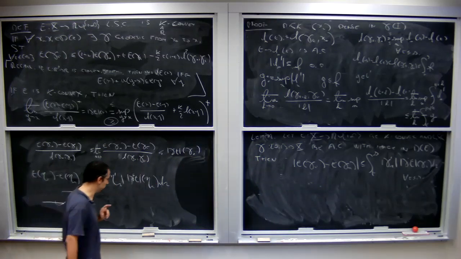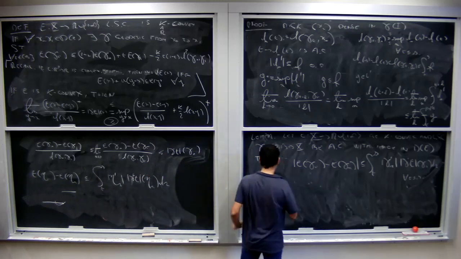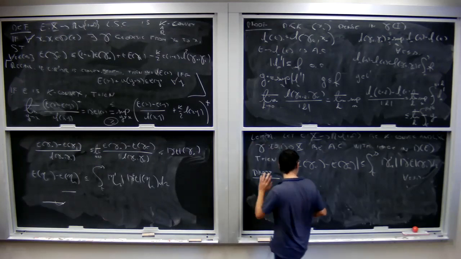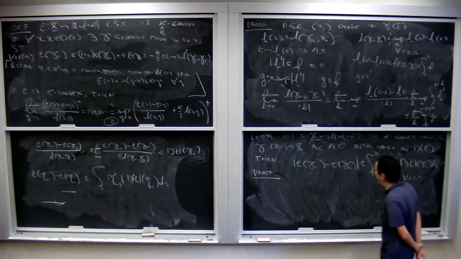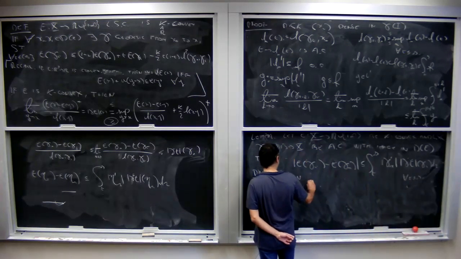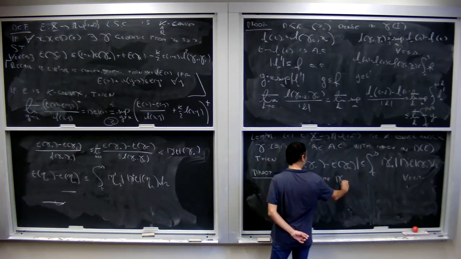Okay, let's prove it. First of all, I will skip some detail, but I want to, in some sense, convince you that this is true. So first of all, I can assume, by reparameterization, that the speed of gamma is 1.